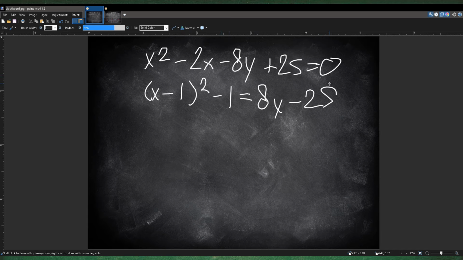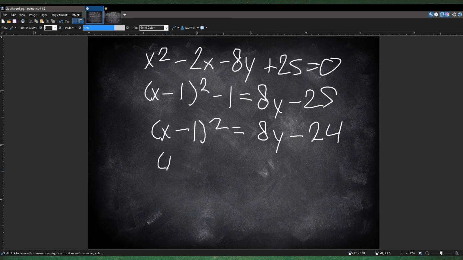This is the same equation as before, basically written differently. So then you have x minus 1 squared, add 1 to the other side, so you have 8y minus 24. And then you basically have x minus 1 squared is equal to 8 parentheses y minus 3, right? Whatever coefficient you have, you want it right here.